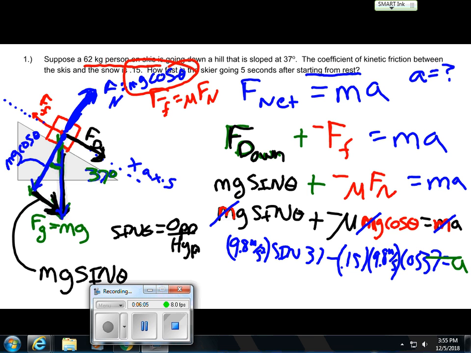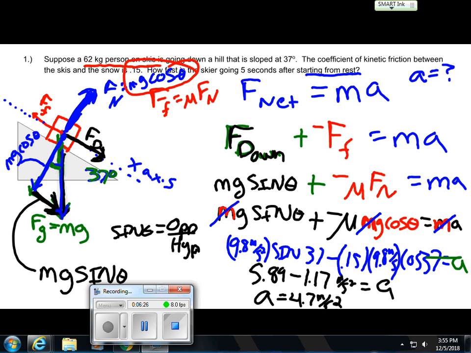Oh, it's got a weird number. Let's see. Eventually I'm going to get 5.89 minus 1.17. My units are meters per second squared, equal to a. Eventually, a should be 4.7 meters per second squared.